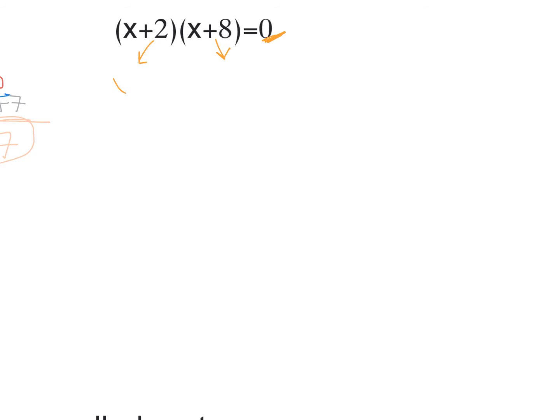Okay. So x plus 2, x plus 8. Now, we put these equal to 0, like so. Then we solve the little equations. Okay. So minus 2.